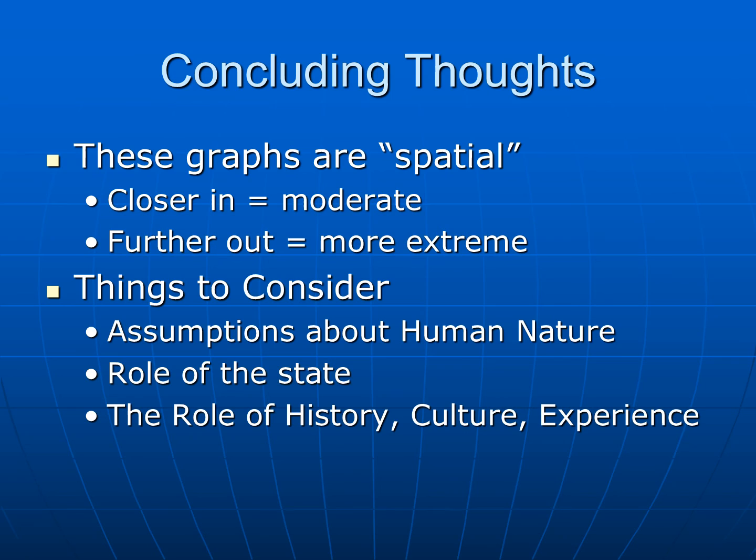There are things to consider as well about each of these four quadrants, and in there are things like the assumptions about human nature that each group, each person, or each ideology may make. For example, those who are small L liberal, meaning they believe in freedom, tend to buy the Lockean notion, John Locke's notion, that generally we're all okay, and that the reason we have government is that every once in a while we disagree and we need a referee.